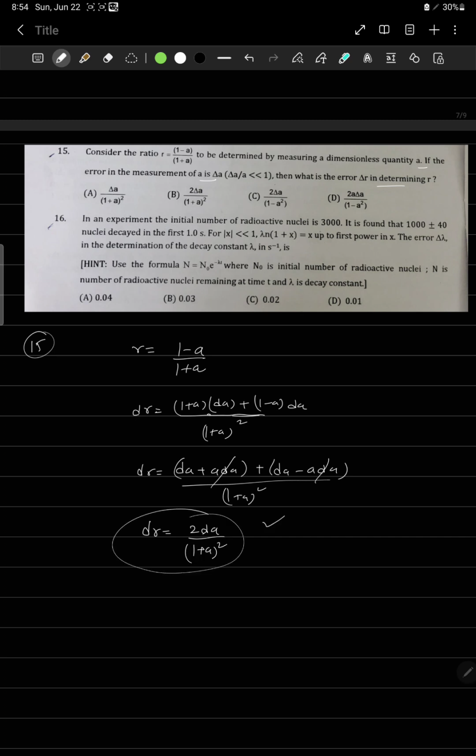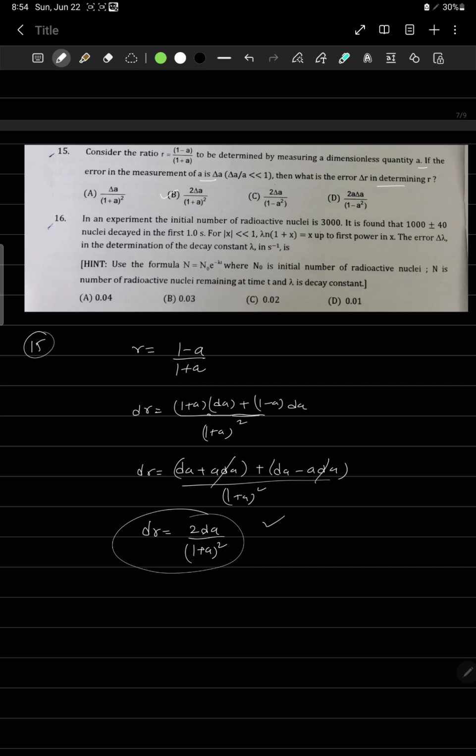Now if we solve this, dR = [dA + A dA + dA − A dA]/(1 + A)². So it is cancelled here and dR comes as 2 dA/(1 + A)². So that's the answer. Yeah, straightforward.